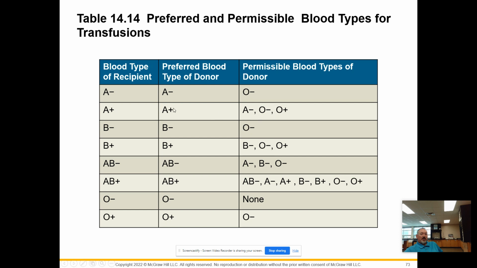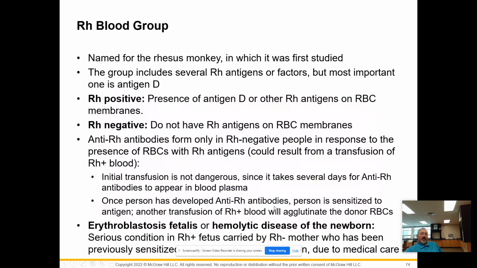So all of these are options: A positive, A negative, O negative, O positive. Notice that O is on every one of these lists. O negative can give to O negative, so that's the only one that can be there. So this is that permissible blood type, and as it refines, I talked about those are questions that oftentimes they like to ask on exams.